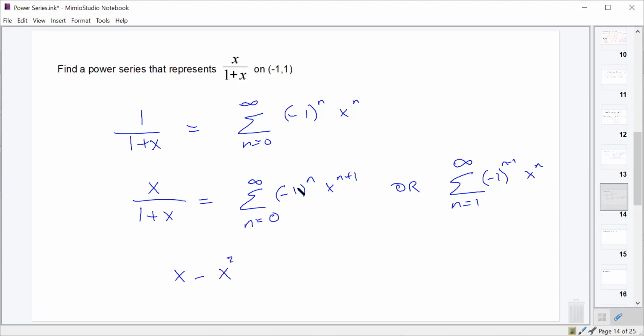And then the next one will be positive 1 times x cubed, minus x to the 4th, plus x to the 5th, and so on. And so the hope is that between negative 1 and 1, that should resemble x over 1 plus x.